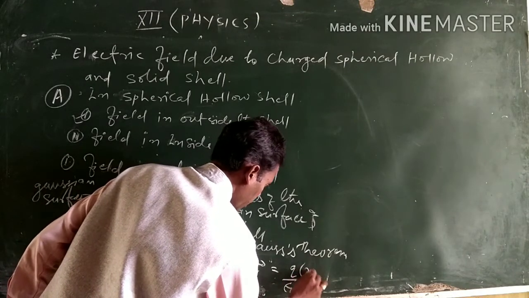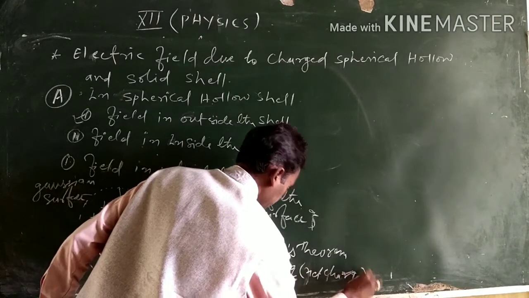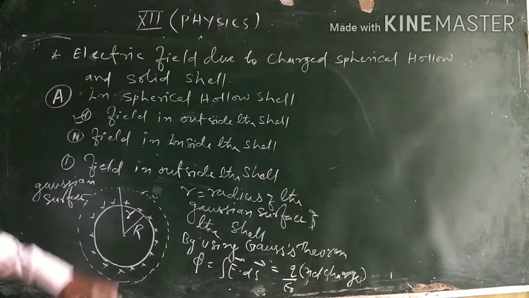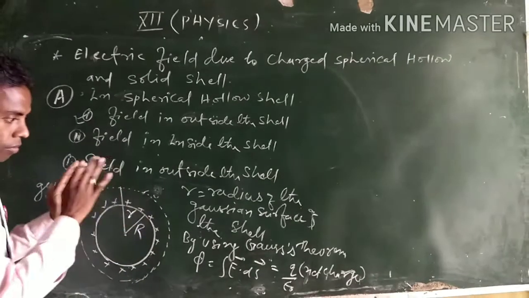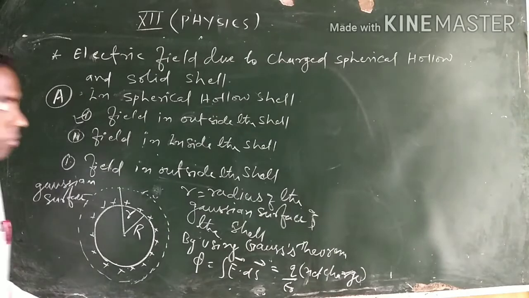This q is the net charge, that means whatever charge is enclosed in the closed surface, that is the net charge, right.